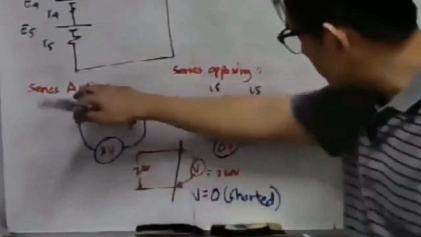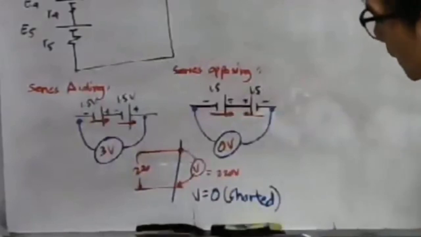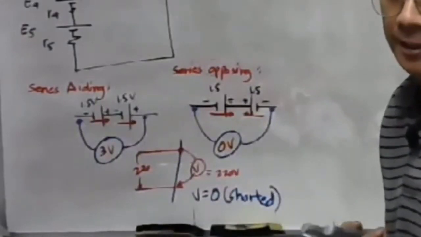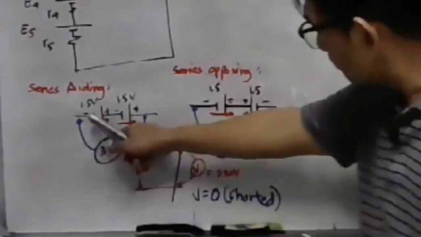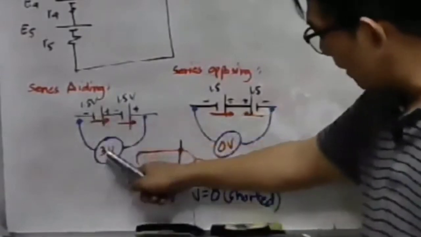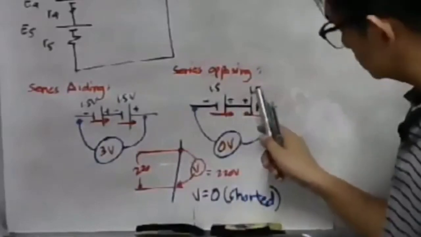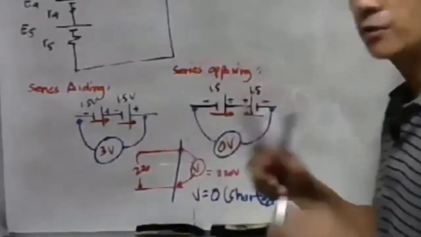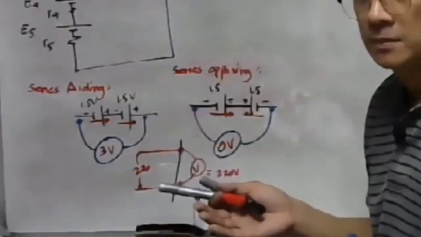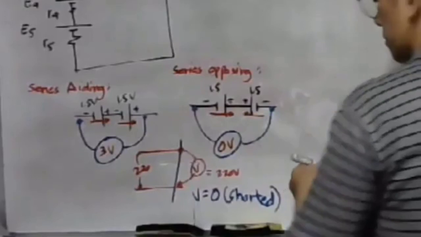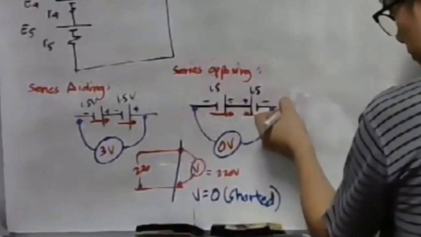The series aiding and series opposing is used in the transformer connection of the coils. If we have 110 volts, 110 volts, we'll come up with 220 volts. 110 volts, 110 volts coil in opposing, this will produce 0 volts. And remember, there is an assumption for the transformer coil winding.